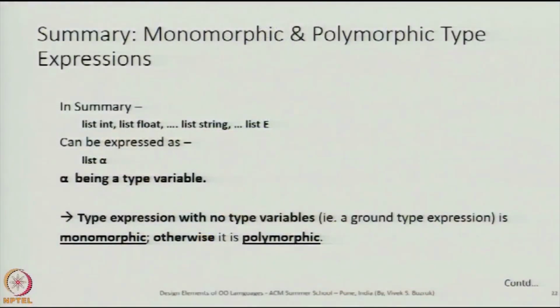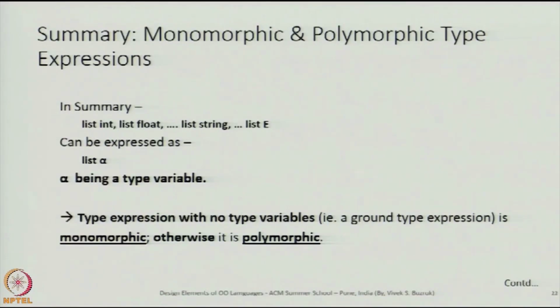Right. So what we have seen till now is that you can express list of int, list of float as a list of alpha, alpha being a type variable, and we can form a type expression. When we do not have any type variable, we call it monomorphic.